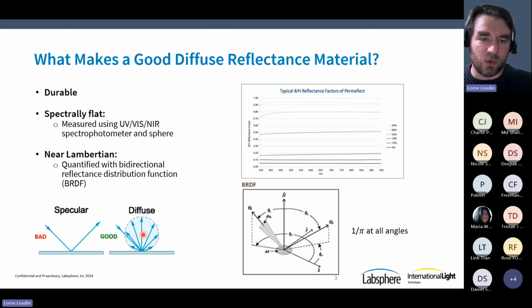I will go into this in more detail. I'm not going to talk about BRDF today. And the bad and good on this image are really referencing using near Lambertian surfaces for calibration targets, right? So you don't want a specular surface if you're doing some form of calibration, unless your application specifically required that.